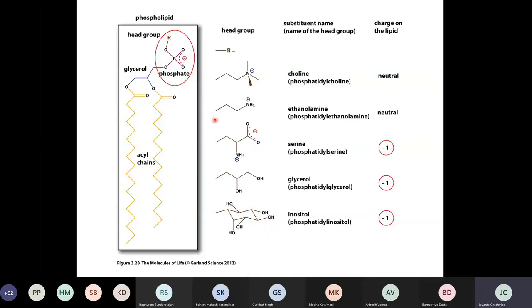Now, this molecule is very interesting. These are present in many membranes, and there are some signaling processes. Imagine a ligand comes from the outside of a cell and binds to a receptor called a G protein coupled receptor, present in the membrane.